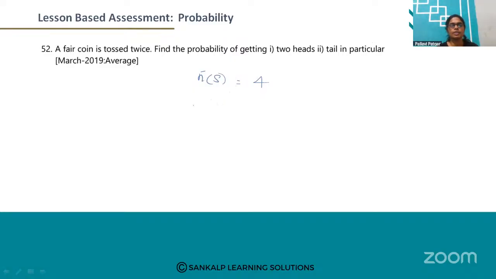So what is the probability of getting 2 heads? So A is equal to head head. So n of A is 1. So favorable outcome is 1. So therefore P of 2 heads is equal to 1/4.